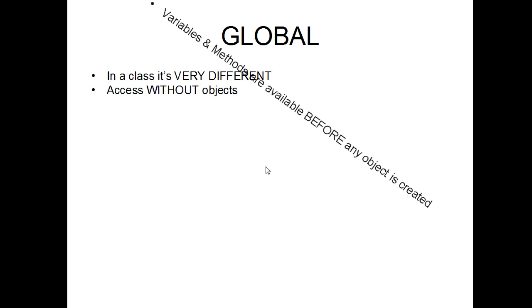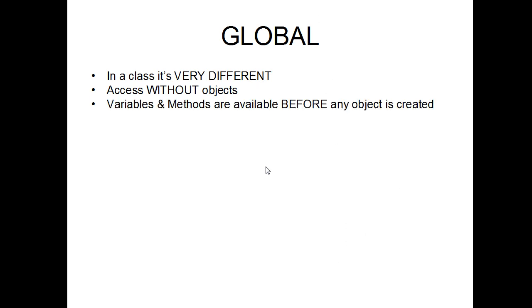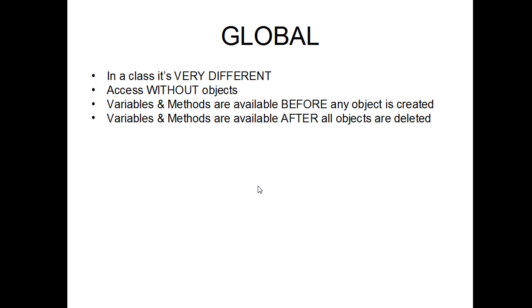It allows you to access functions of a class and members of a class without any objects. It means that you can access them before any objects are created and after all objects were deleted.